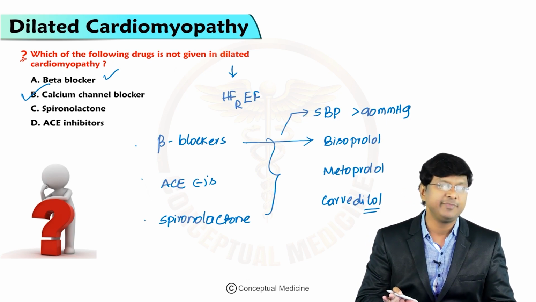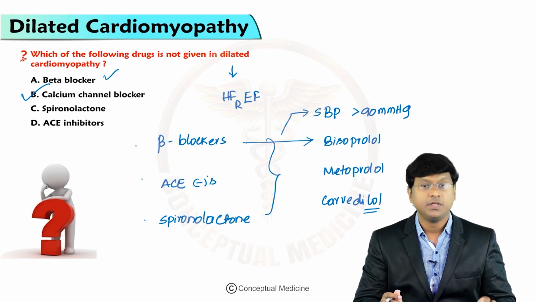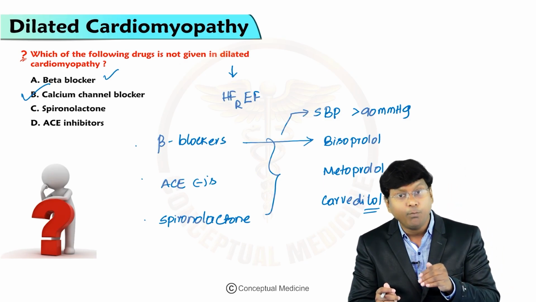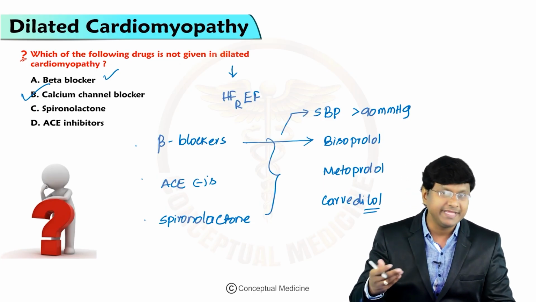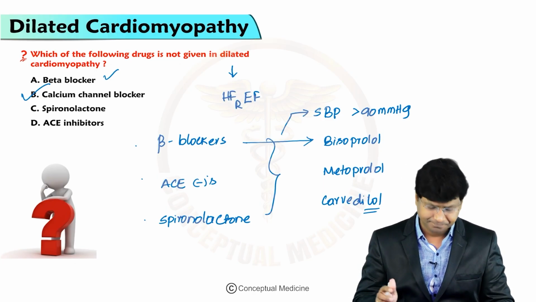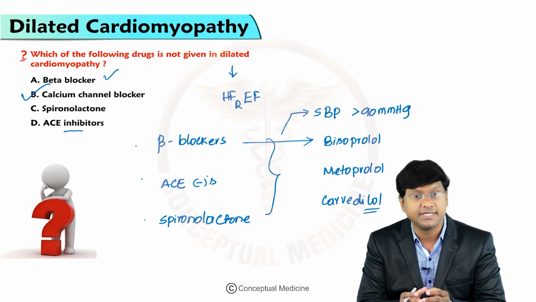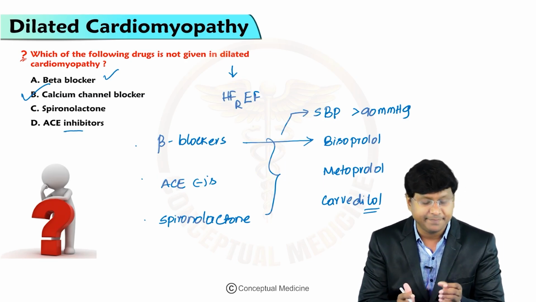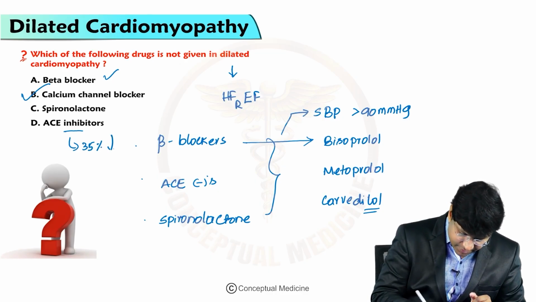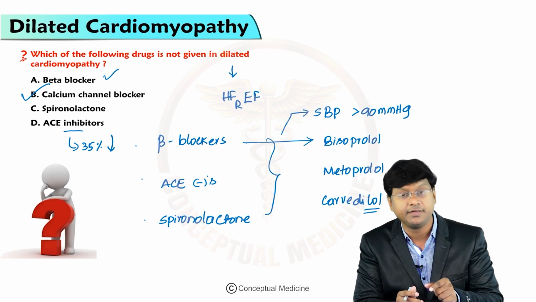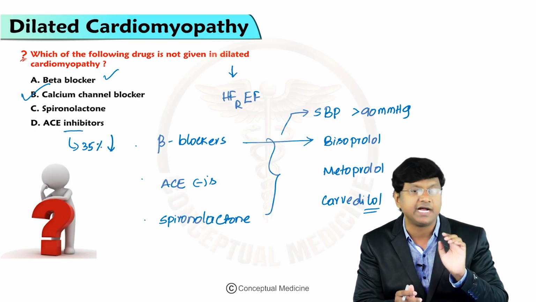So these have been shown to reduce the mortality in patients with dilated cardiomyopathy, so they will improve the survival of the individual. These ACE inhibitors will lead to 35% reduction in endpoint mortality in heart failure patients.